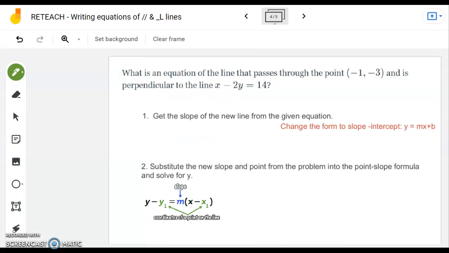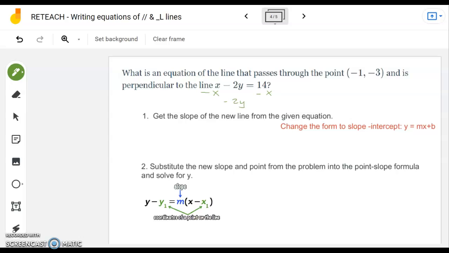Okay, next one. What is the equation of the line that passes through the point -1, -3 and is perpendicular to the line x minus 2y equals 14? So we're going to solve for y, because I need to change the form to slope-intercept form. I'm going to start by subtracting x.